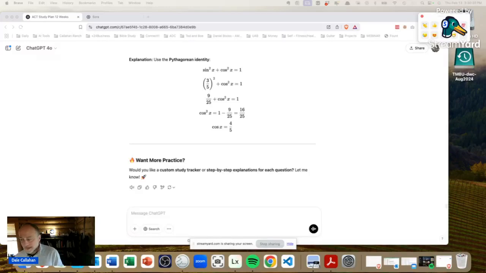AI for essay and grammar. One of the super powerful things that helps me be better at writing something, and obviously you have a grammar section, and it's debatable for some of you whether you want to do the writing section or not.